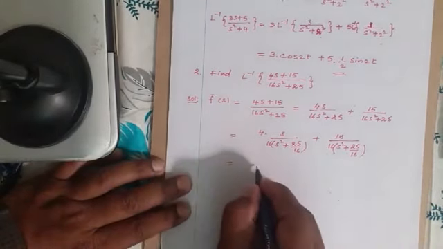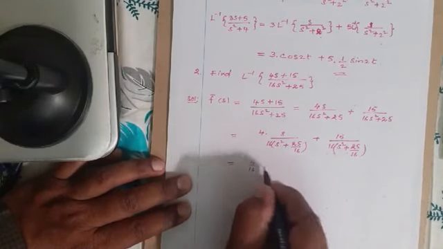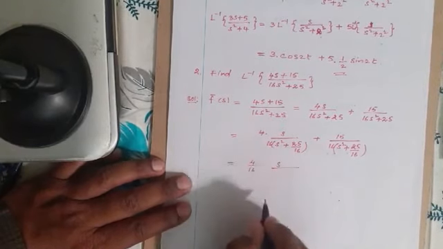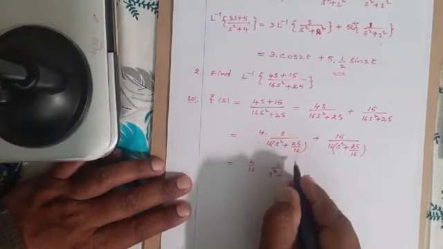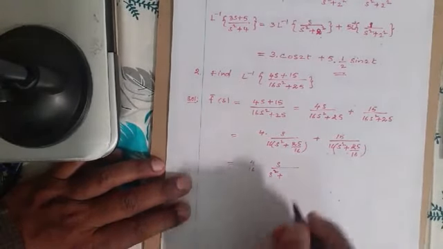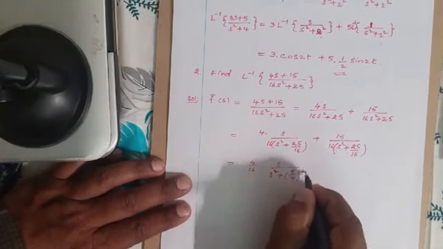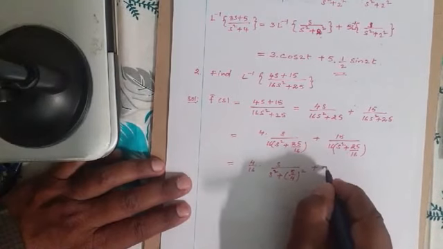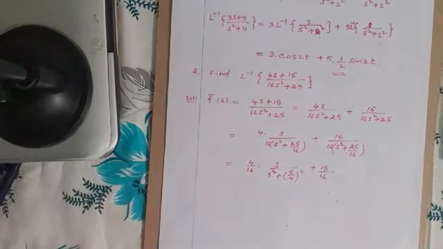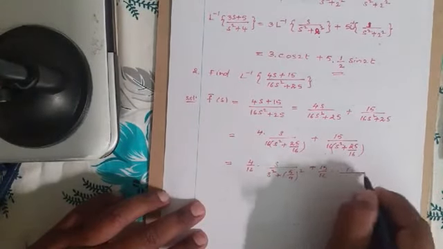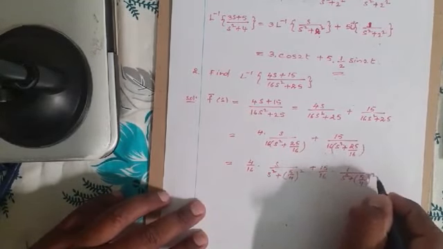So I take 4 by 16 here, and then I write s upon s square plus, 25 by 16 as 5 square by 4 square, so 5 by 4 whole square, plus in the same way 15 by 16 into 1 upon s square plus 5 by 4 whole square.